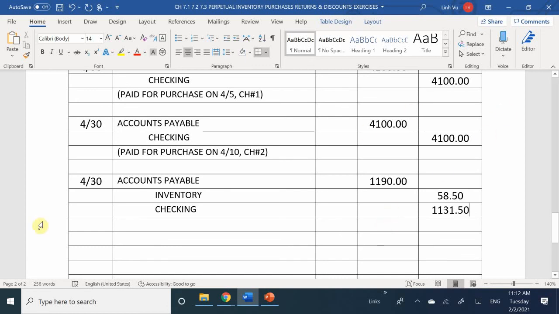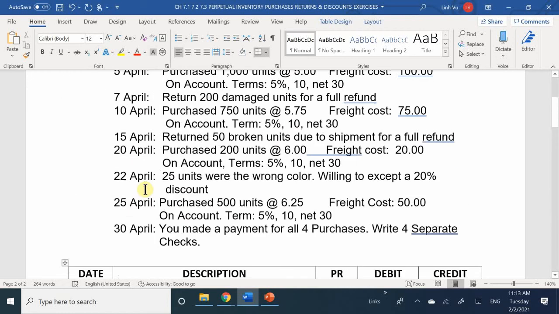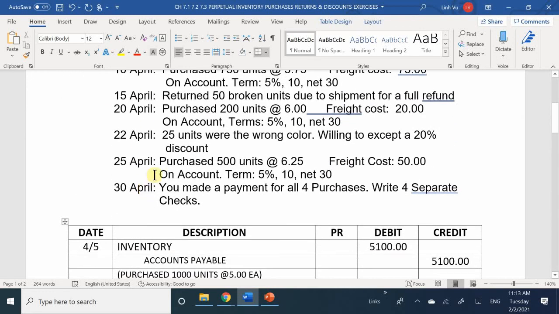So here, I'm going to go ahead and write here that I paid for purchases on 4/20. And then you're also going to say that you got a 5% discount and you paid with check number 3. Okay? Good. Right?